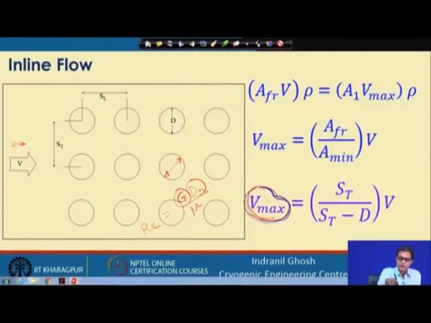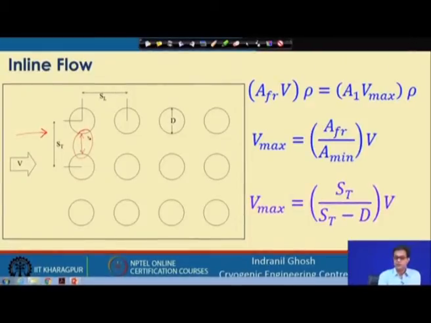As you can understand, in this particular configuration the maximum velocity is supposed to occur at this location, where we have the minimum gap. The velocity of the fluid is coming from this direction, and here we have the minimum free flow area. So, that will constitute the maximum velocity at that point.